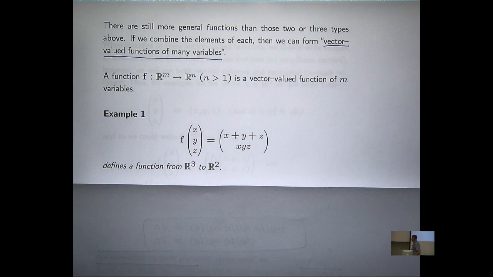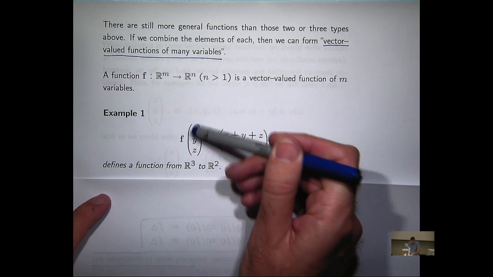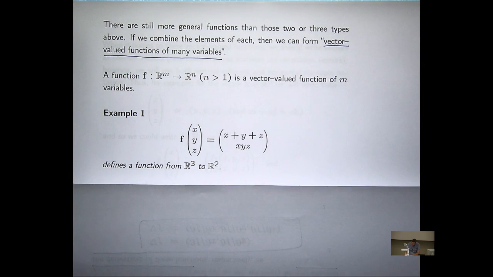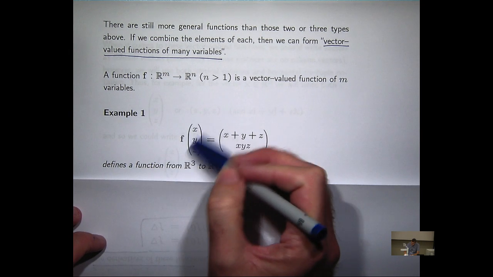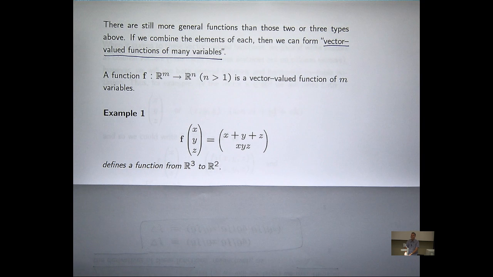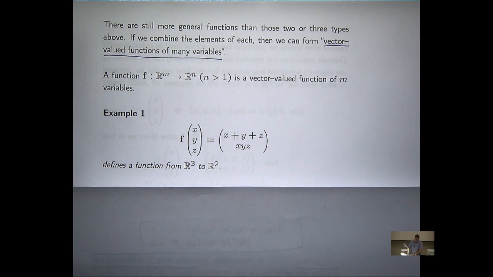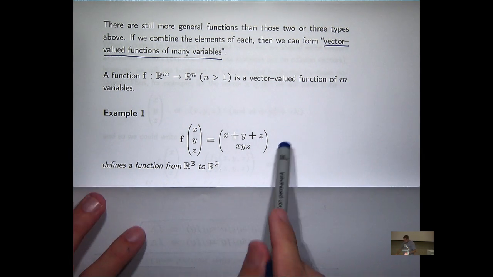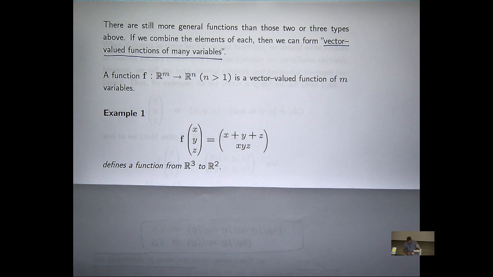In this example, we've got, and look at how it's written as sort of columns here. Think of this as a vector in R cubed. So the independent variables are vector, x, y, z, in R cubed. And it outputs a vector in R squared.